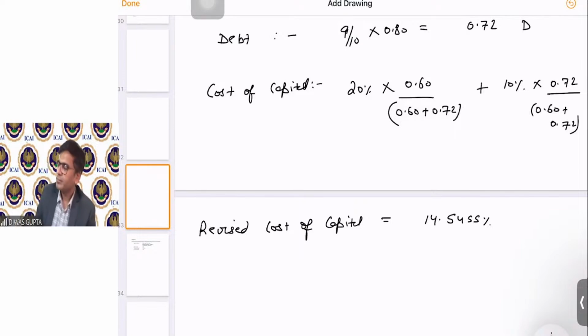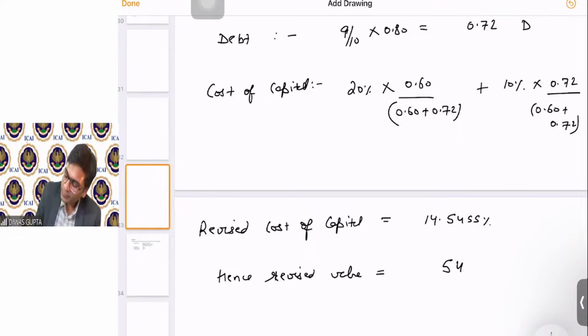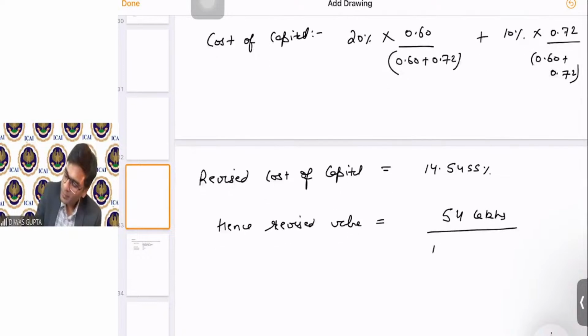Okay. And hence the revised value will become 54 lakhs divided by 14.5455% minus 9%.